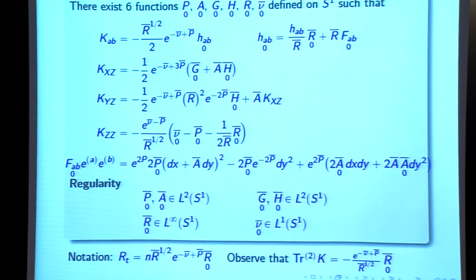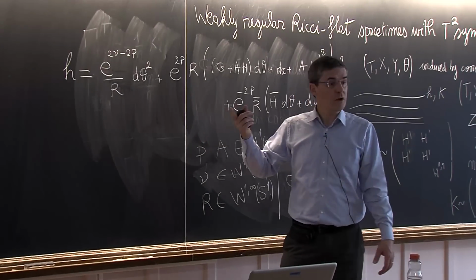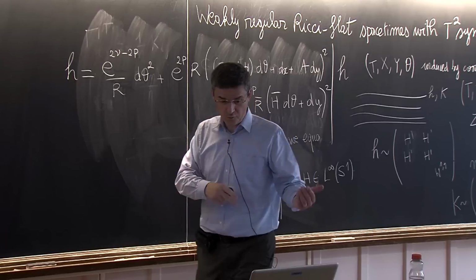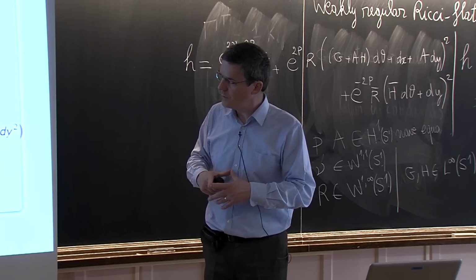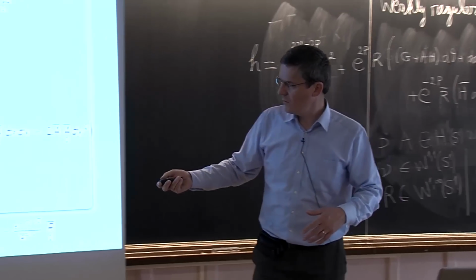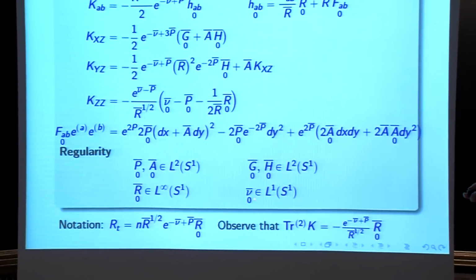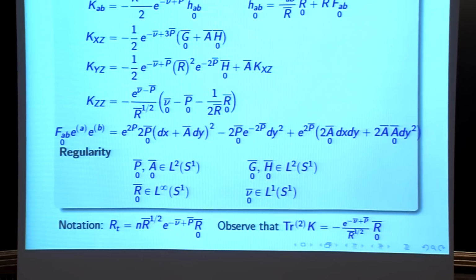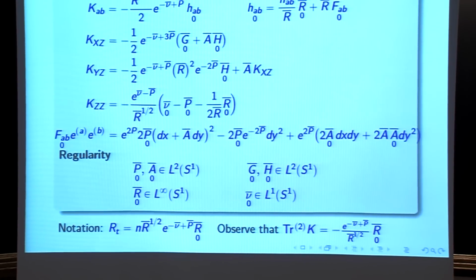That was H1 here. P and A were in H1, so their time derivatives are expected to be in L2. This is what I assume geometrically, and this is what I get at the level of the coordinates. The time derivative of R is bounded, and the time derivative of nu is L1. So everything I'm writing here is completely expected from the previous result, even though the algebra is a little bit complicated.